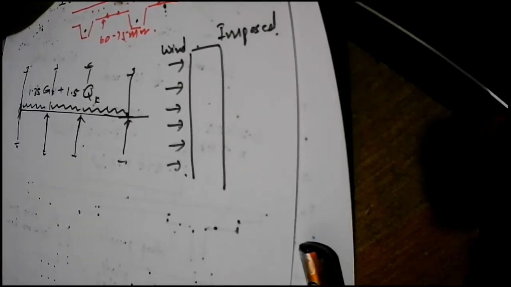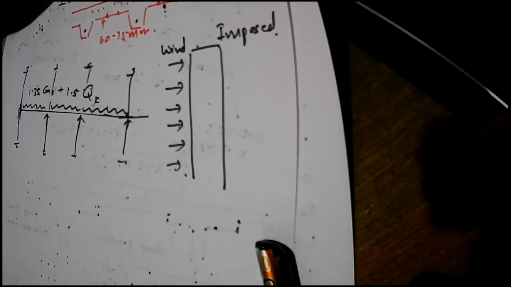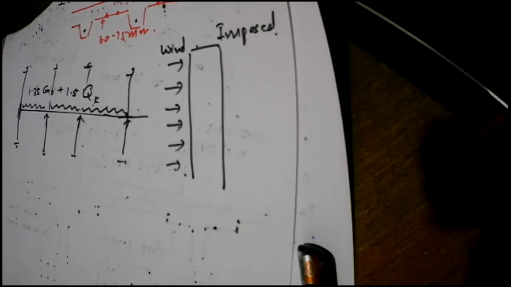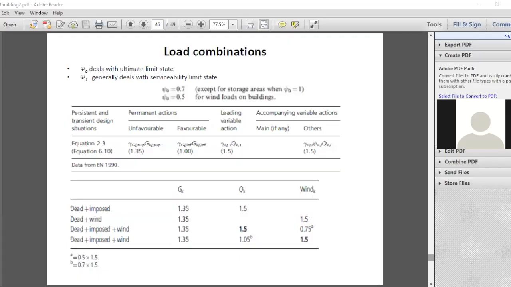And that's what you can see in this table. So for live loads in the Eurocodes, you can have variable action. And under the variable action, also you have one called leading variable action. And the other variable actions will become accompanying variable actions.